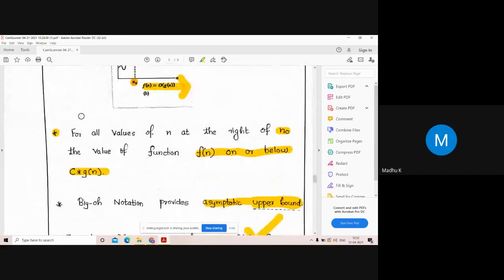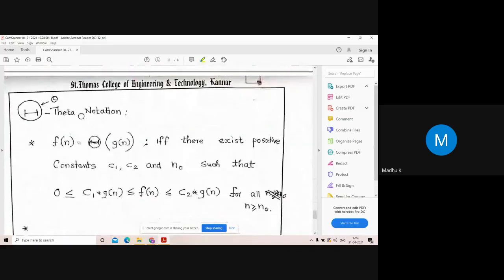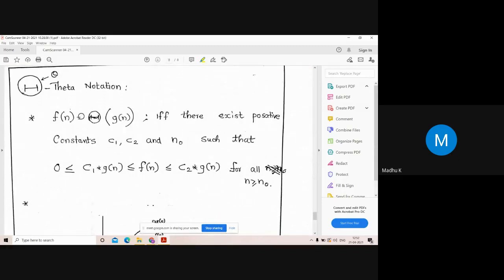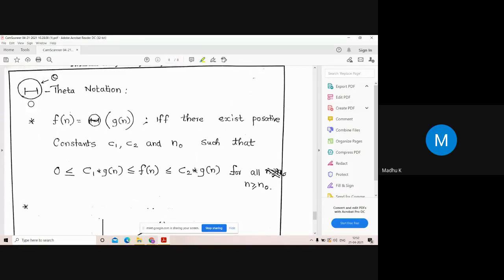Next, we are moving to discuss the third notation, theta notation. In the previous class, in the Master's theorem, we discussed it just to familiarize this notation. This is also an asymptotic notation, and we can express it in this way, theta, or in this way also.